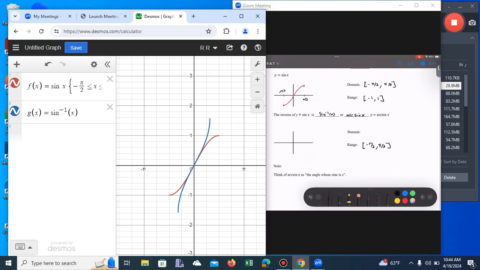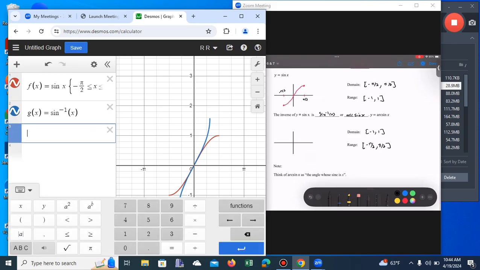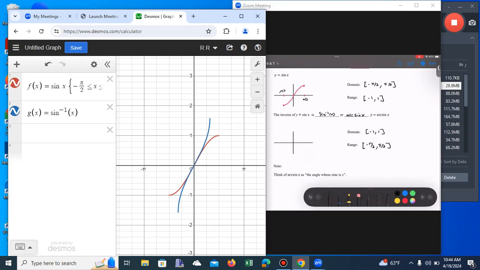And your domain is now negative 1 to 1. Negative 1 goes with negative pi over 2, those two are linked, and 1 goes with pi over 2.